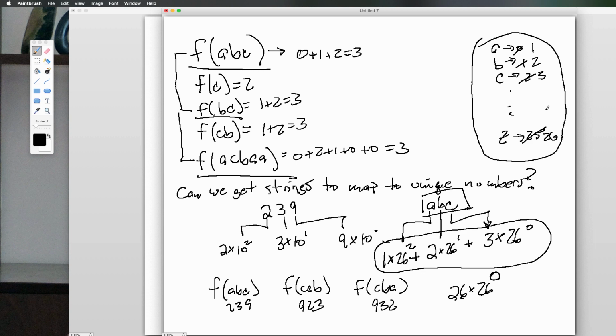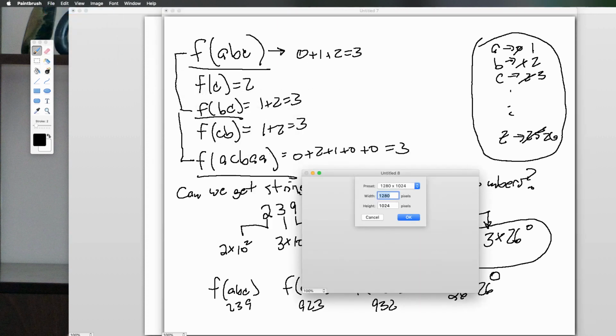Some would argue that means we should take these things back to our original numbers, 0 through 25. That's not going to be an issue right here for the moment. So now I've got what I think is a nice hash function, but where are they going to get mapped to?